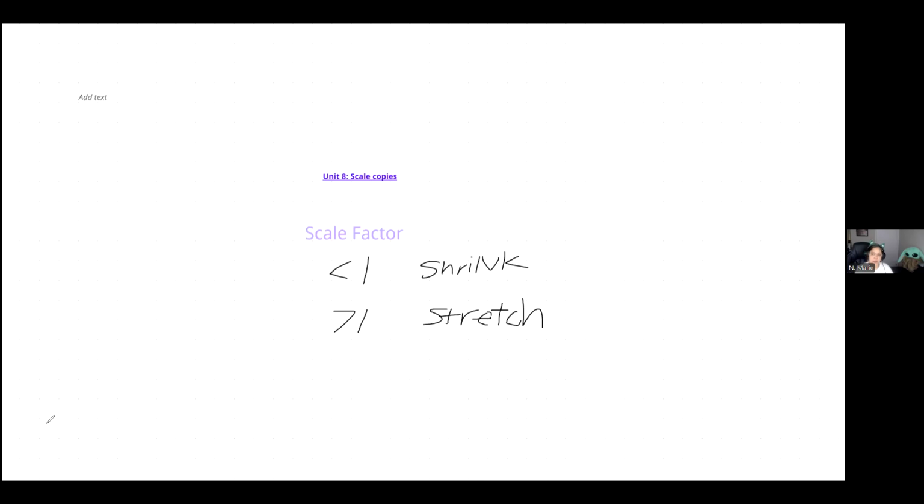You should be able to multiply all the sides of a figure by the scale factor to get to the corresponding sides of the second figure. So this is important. Feel free to write that down.